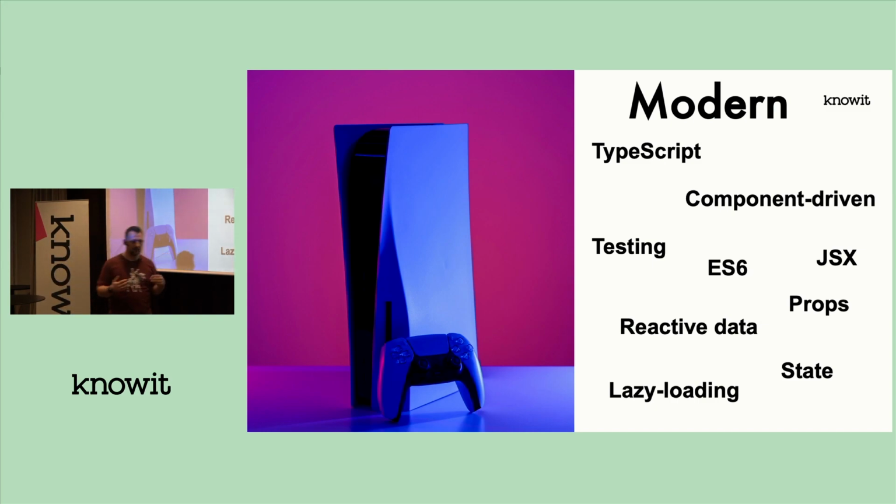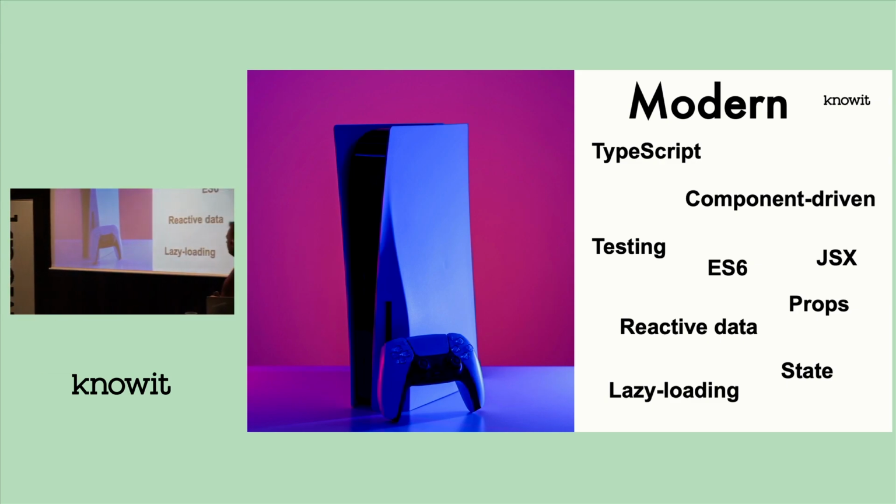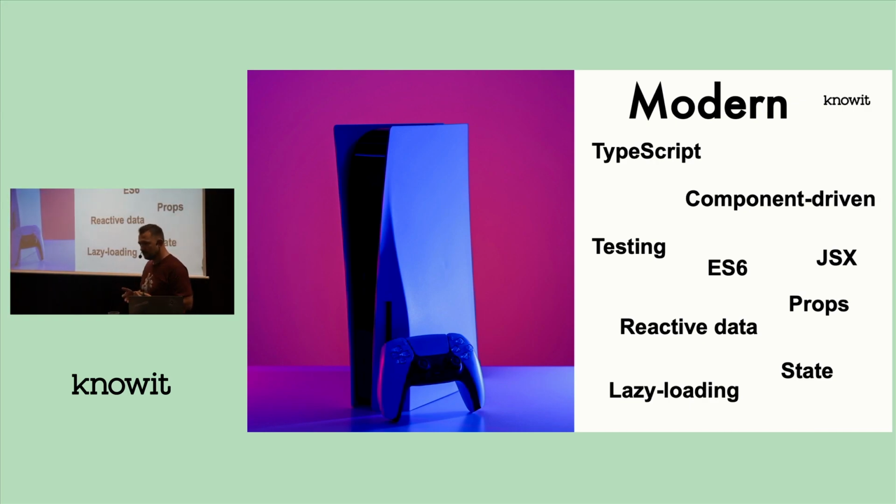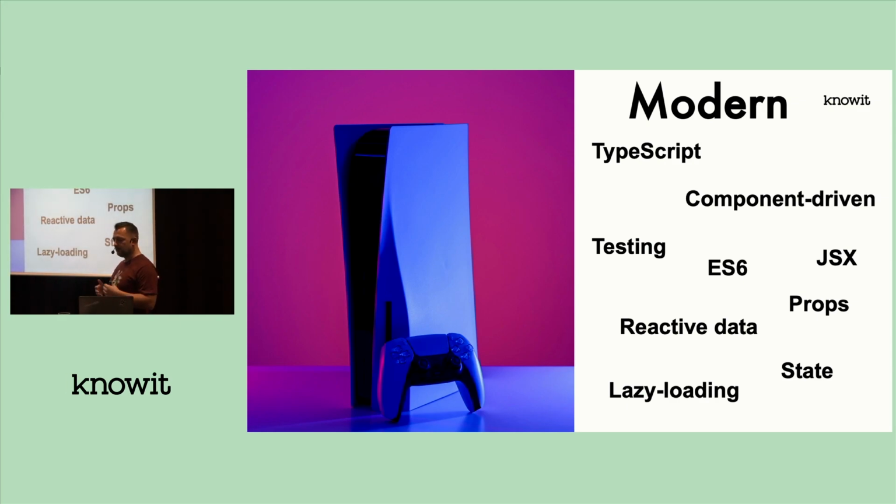So you design this component API so it's really easy to use these components. You want to maybe write in JSX so that you have this reactive data, a template that is state-based so that it all just updates magically. And then of course you want it all to be lazy loaded, so that the end user just downloads exactly what he needs, right? No overhead at all.